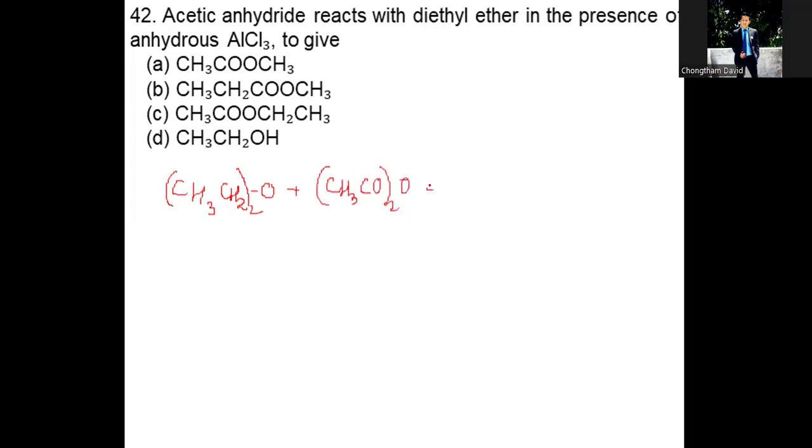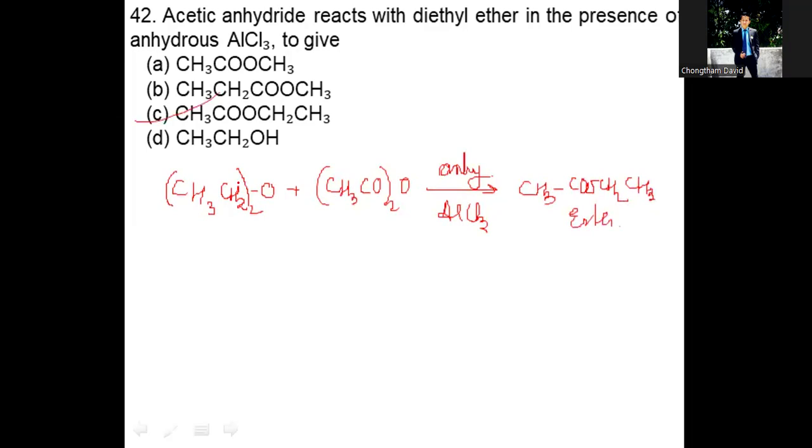By treating these two mixtures in the presence of anhydrous aluminium chloride, ester can be formed. Alkyl alkanoate. So this is your ester. So likely the answer is option C.